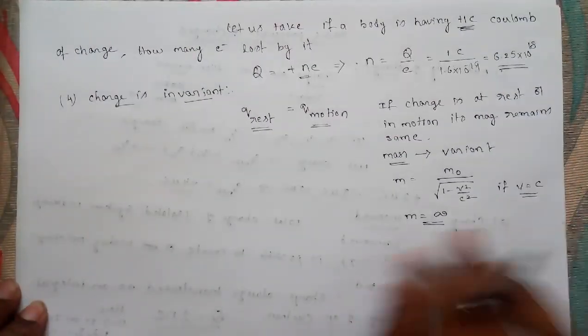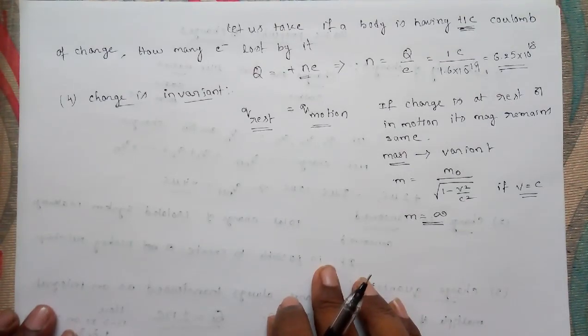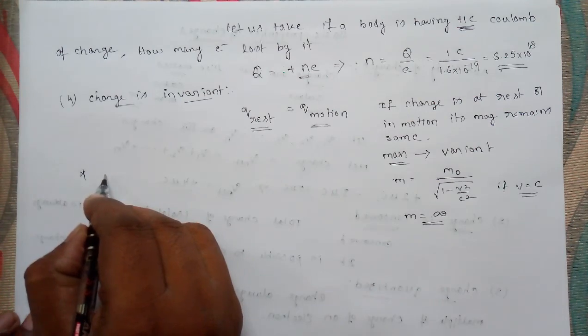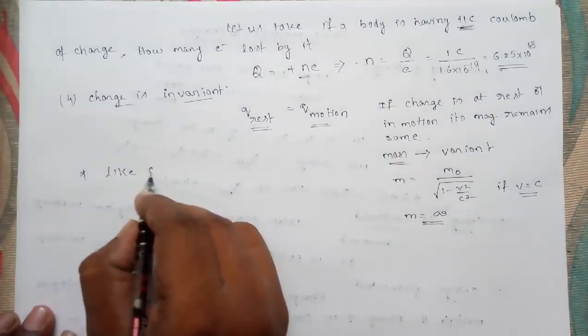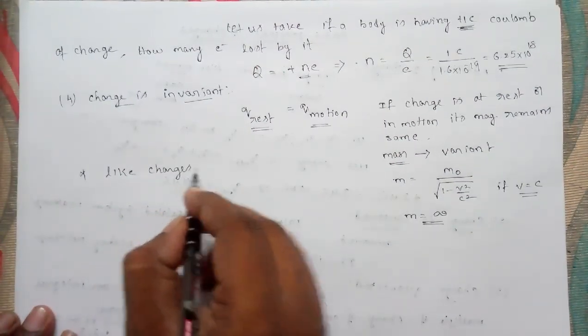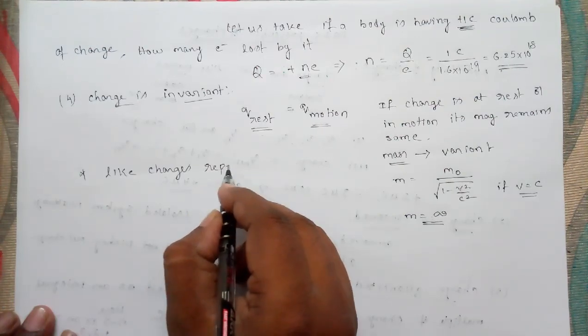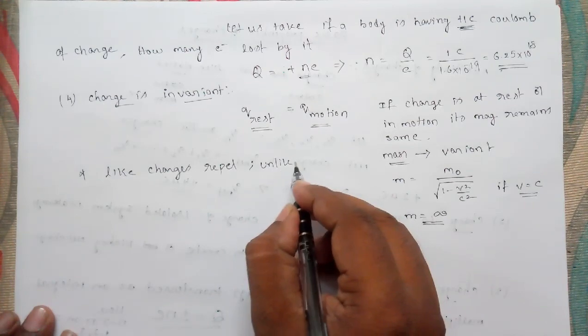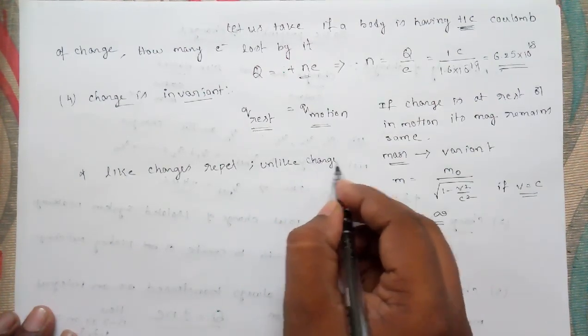Next we can discuss some points here. We know that like charges repel each other, and unlike charges attract.